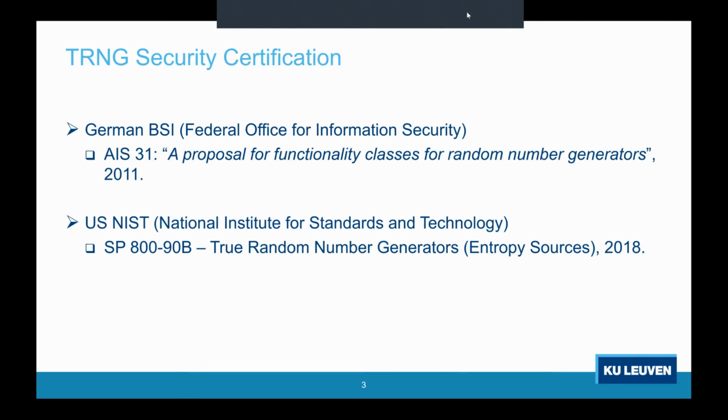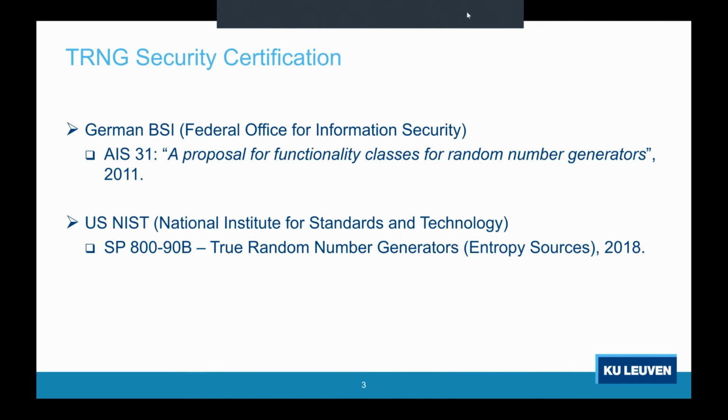One difference between these two approaches is that AIS 31 requires defining a lower bound of the Shannon entropy, or estimating it to be precise, while NIST requires estimating the min-entropy. Also, AIS 31 puts strict requirements on the quality of the random numbers generated by the TRNG, while NIST does not put such a requirement.